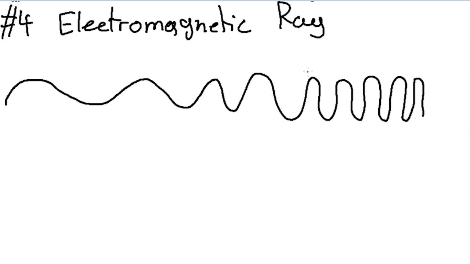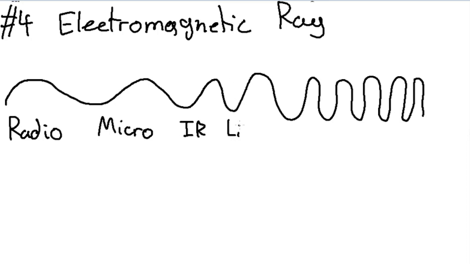So I'm sure you're familiar with radio rays, microwaves. We have infrared, we have light. So on the left, we have radio waves, and then we have microwaves, and then we have infrared, and then in the middle, we have light. Visible light, I should say.